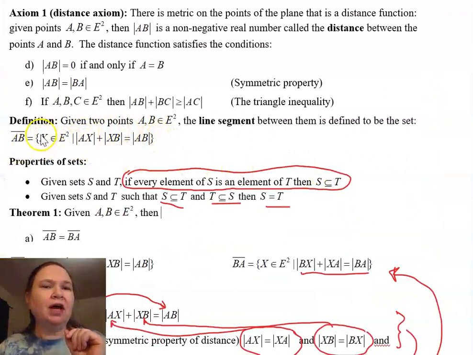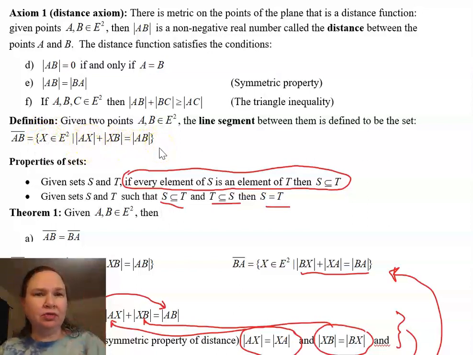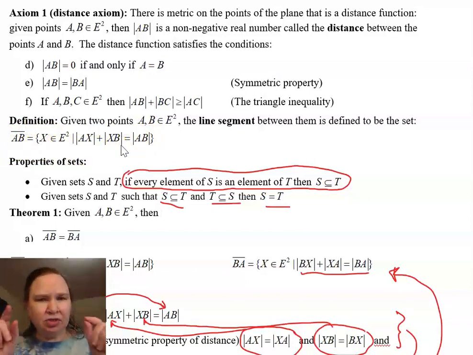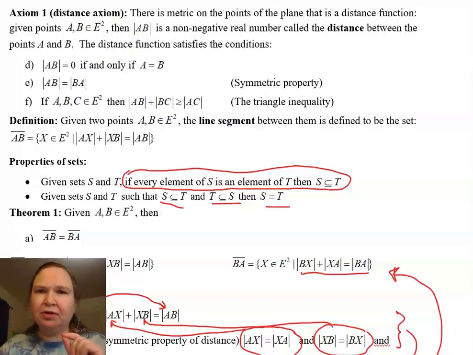So if you could plug A in for X and say AA plus AB equals AB, and that's always true, no matter what A and B are. So if you can explain why that always has to be true when you plug A in for X, then you have proved that A is an element of that set, which is the definition of the line segment.